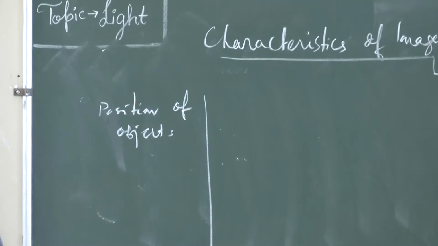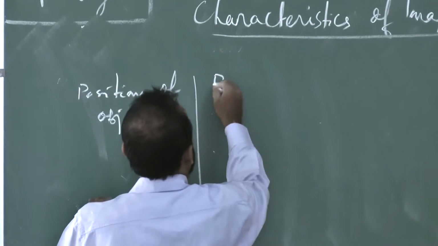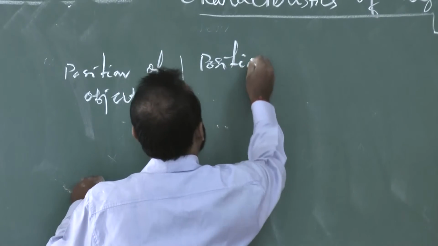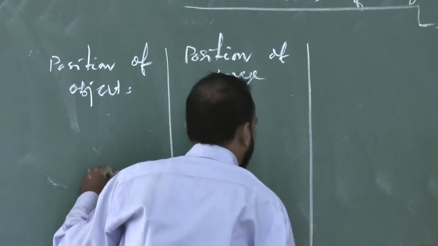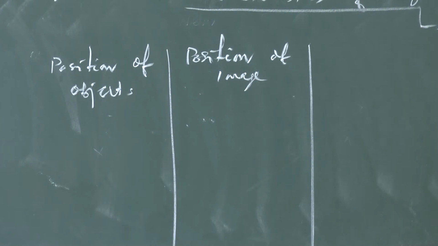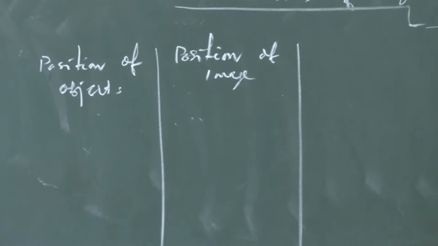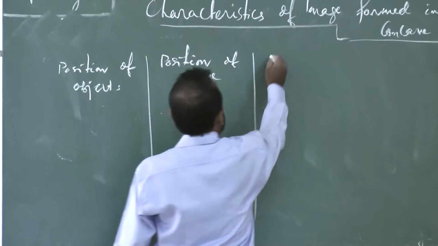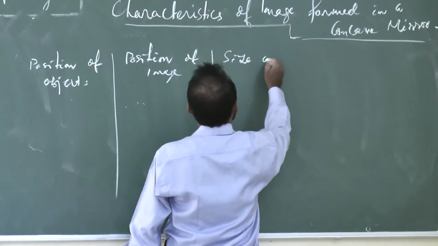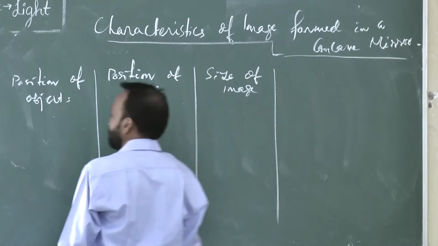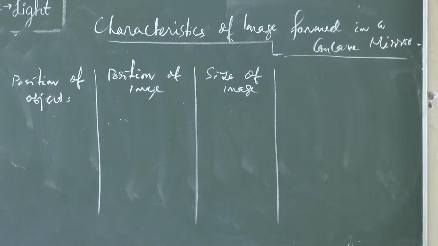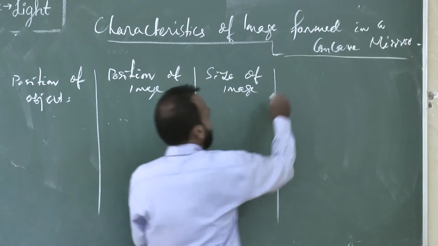Position of the image. Then size of the image. And what is left? After size, nature of the image. Okay.